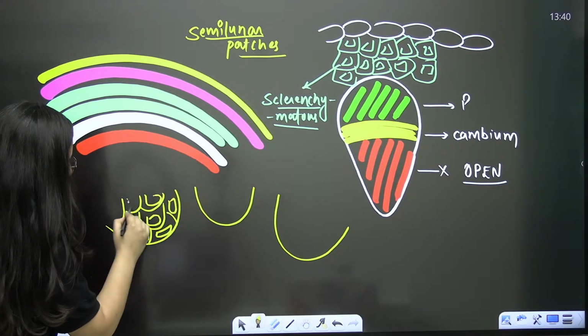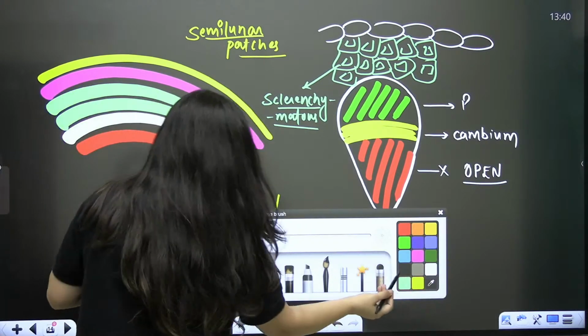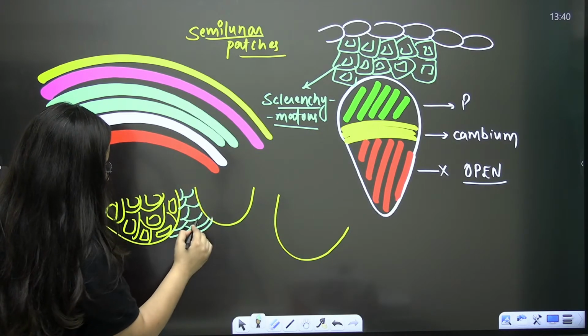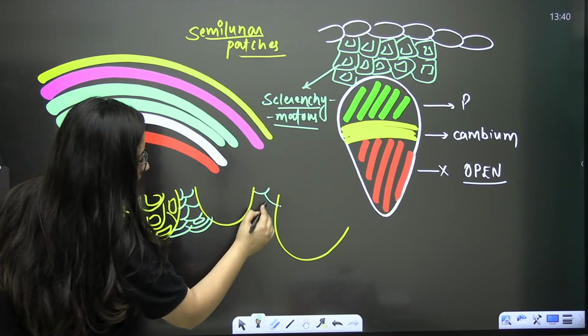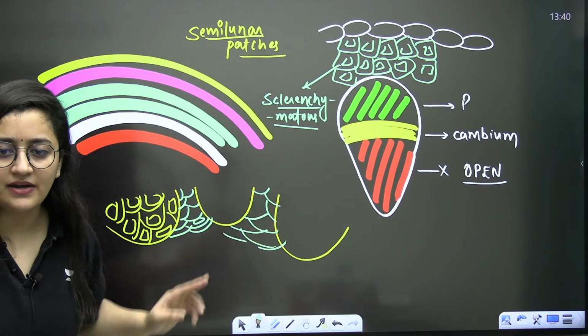Sometimes you will only see sclerenchymatous patches, but in between these patches in the pericycle, you also see the parenchymatous cells.